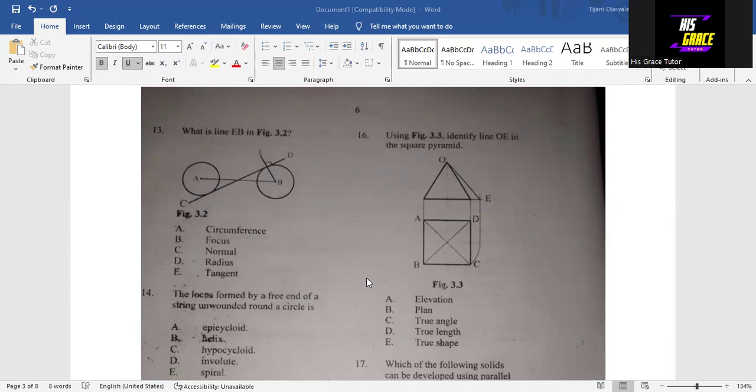If you check some videos that I made on how to find the true length of a square pyramid, even that of the hexagonal pyramid, based on how it is positioned, you see that I did something like this. So the answer to question 16 is option D, true length. OE is the true length of the pyramid.